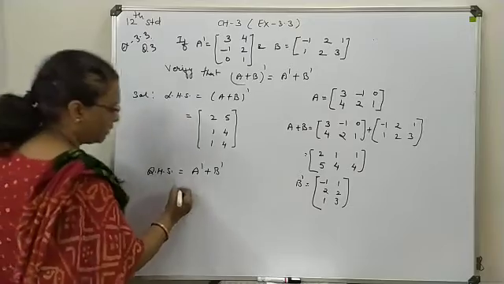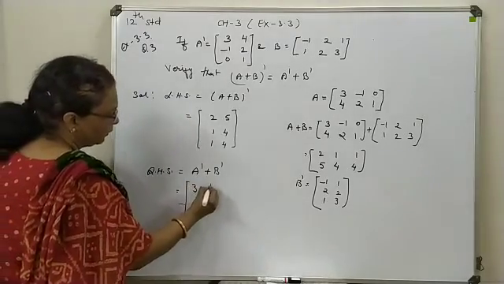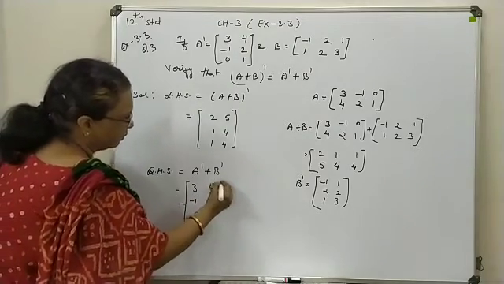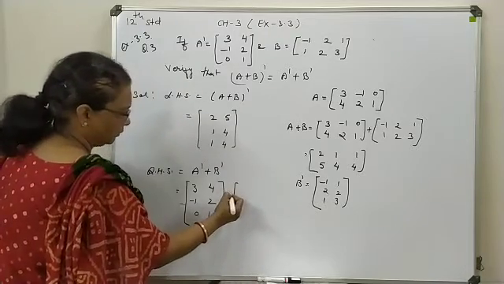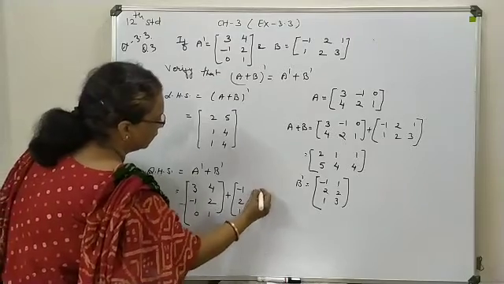Go for addition of these two: 3, 4, minus 1, 2, 0, 1, plus minus 1, 1, 2, 2, 1 and 3.